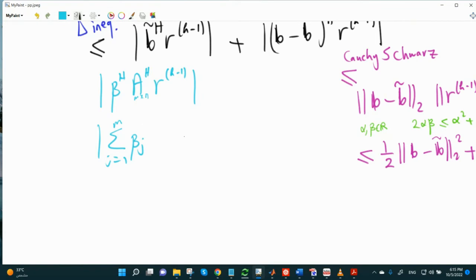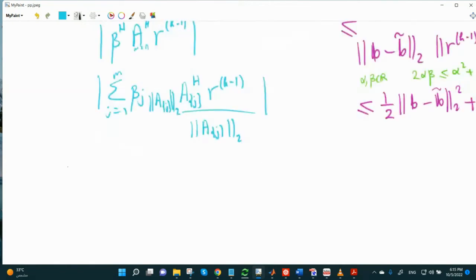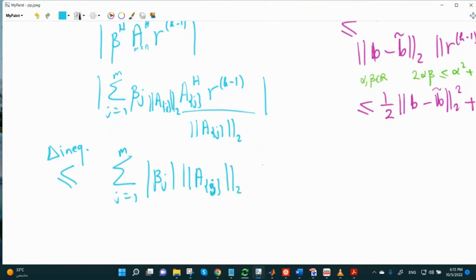And so the jth component will be the jth column of A Hermitian times R_{k-1}. And what we'll do is divide by the L2 norm and multiply by the L2 norm. Okay. And then we will have the triangle inequality again. So this is the summation j from 1 to m, magnitude of beta_j, and the L2 norm of the jth column here. And then we have this quantity.